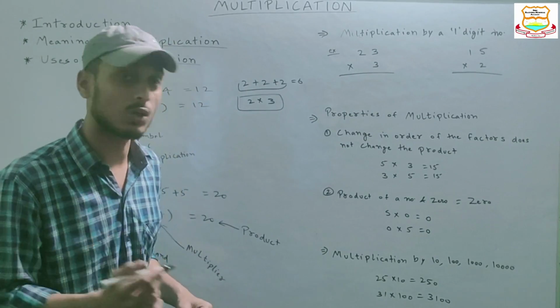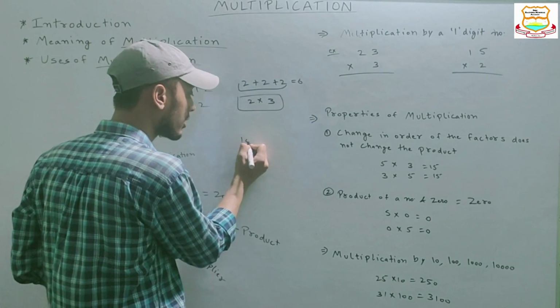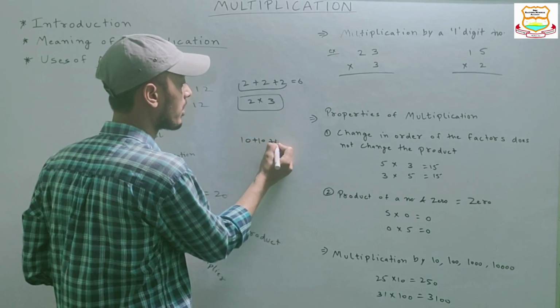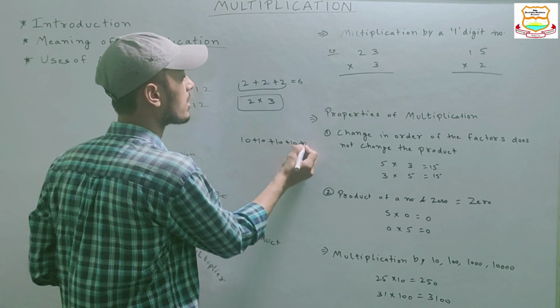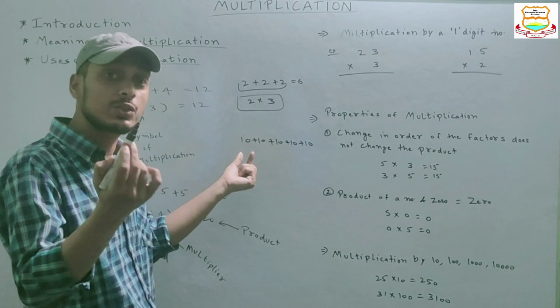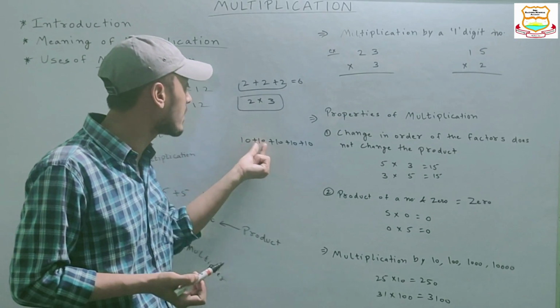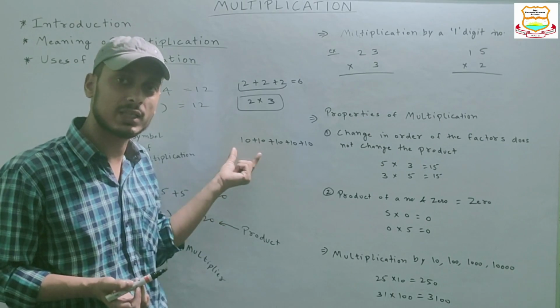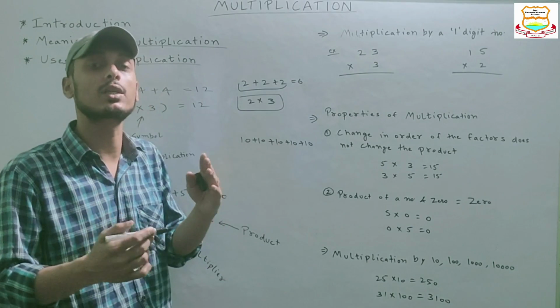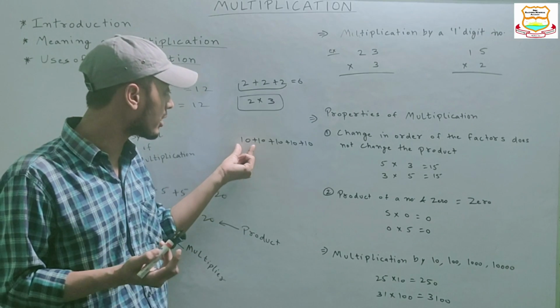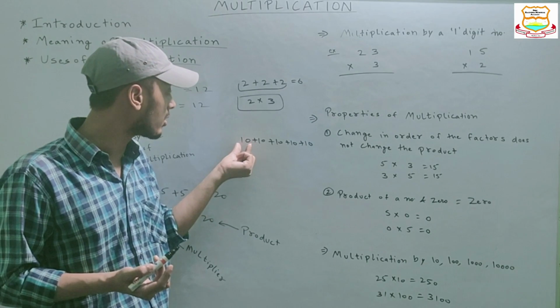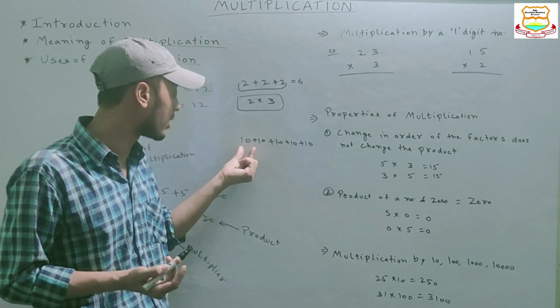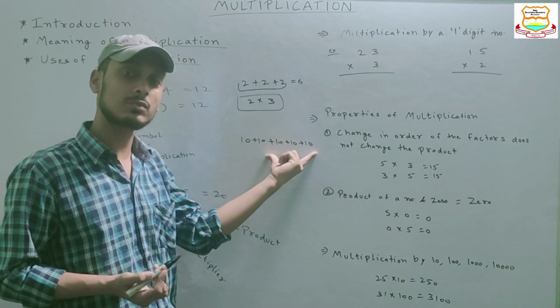For finding the total cost, you need to add 10 plus 10 plus 10 plus 10 plus 10. Means you need to add 10 rupees 5 times. Isn't it? I hope you are getting this.